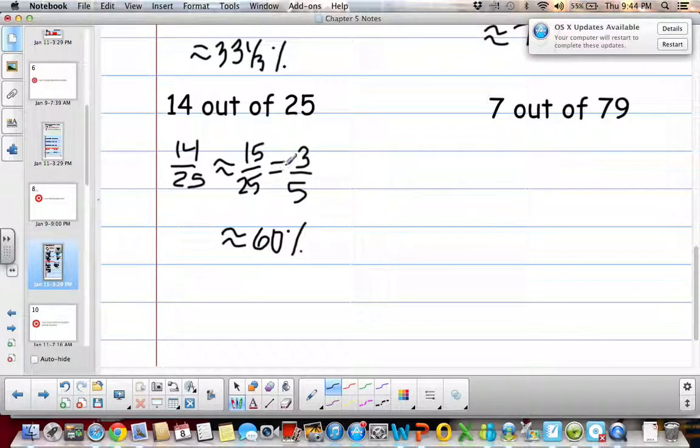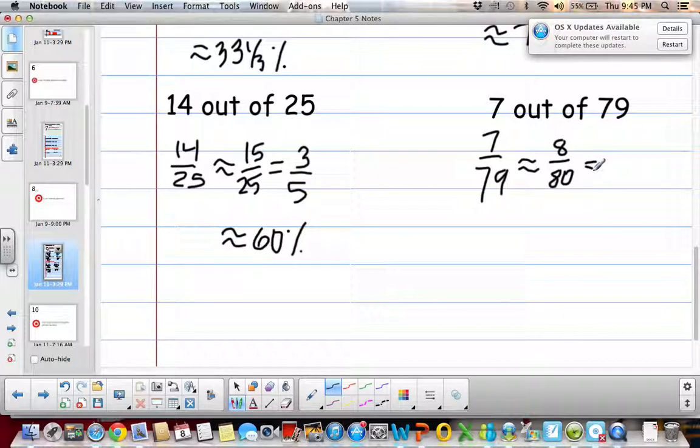Okay, last one. If we have 7 out of 79, I'm always thinking in my head, what can I do? What numbers are close to each one that I know are compatible and will go together easily? So 7 is very close to 8, and 79 is very close to 80, obviously.